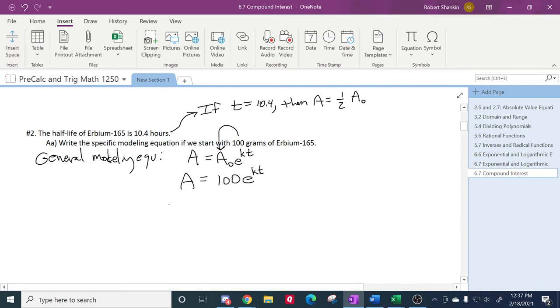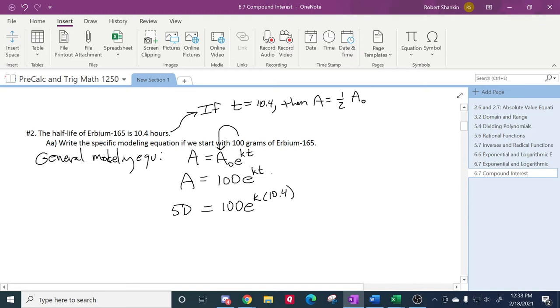One way I could be plugging it in is this way. I'm going to rewrite this equation. Put the 10.4 in for the t. K times 10.4, and then the a could be 50 because it's half of what it was.